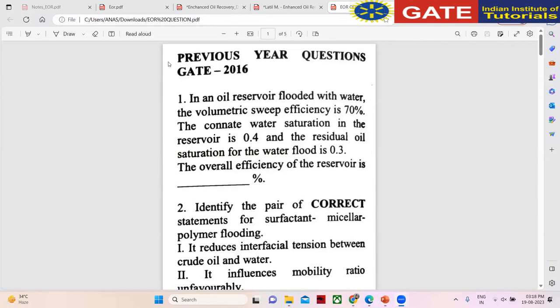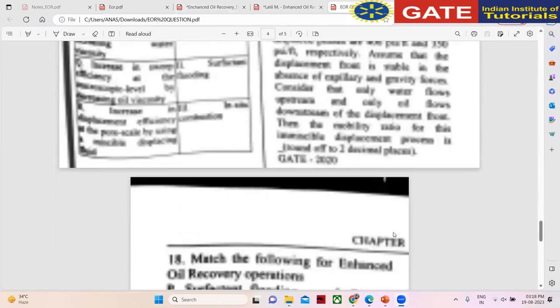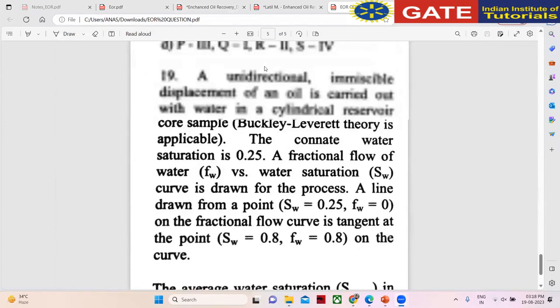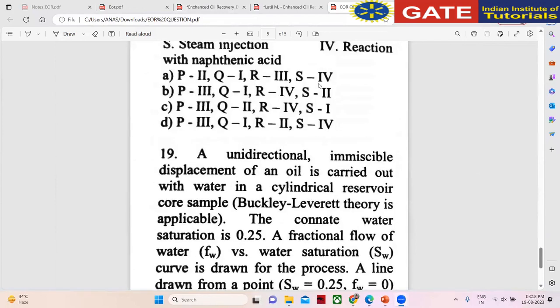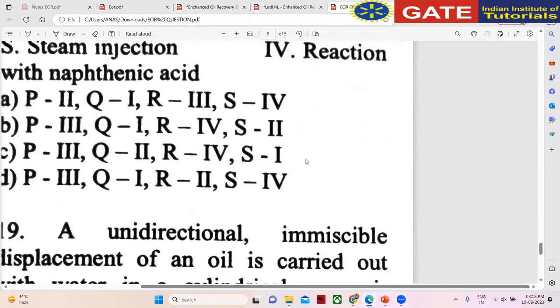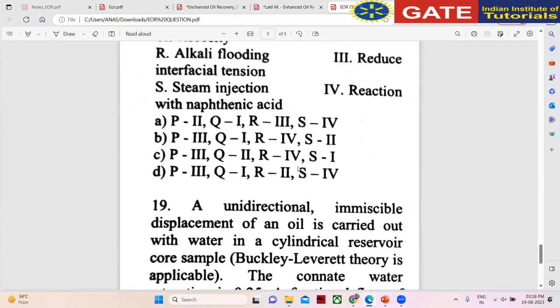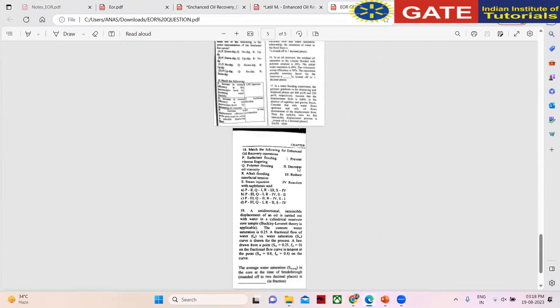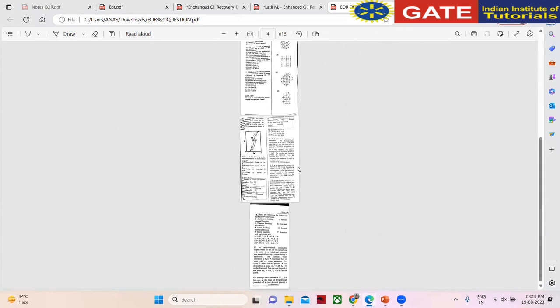So now the next concept will be mobility ratio.